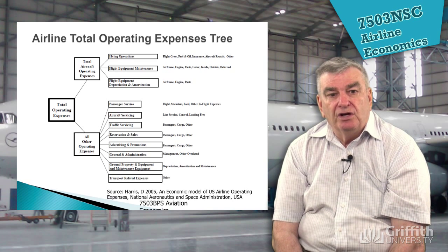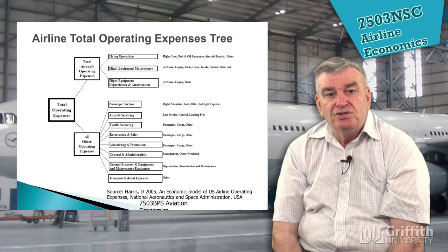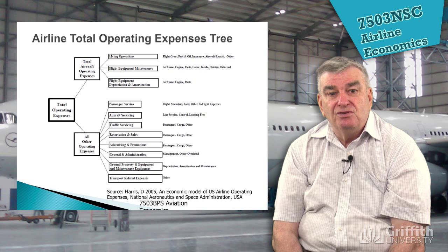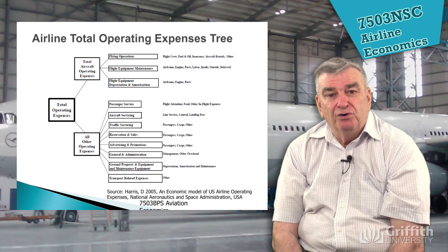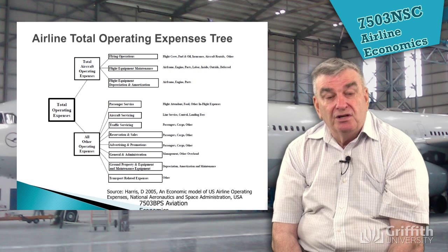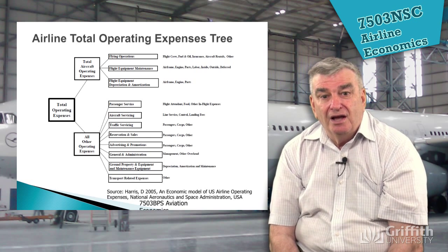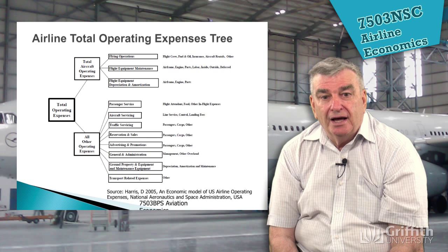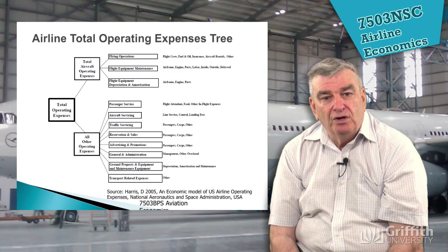So we can look at our total operating expenses and break those into total aircraft operating expenses, and we can break those down further into the flying operations, the flight equipment maintenance, that is maintaining our aircraft, and the actual depreciation that we look at there.